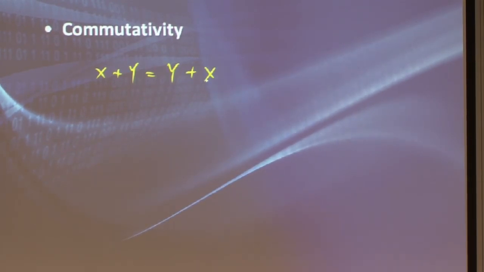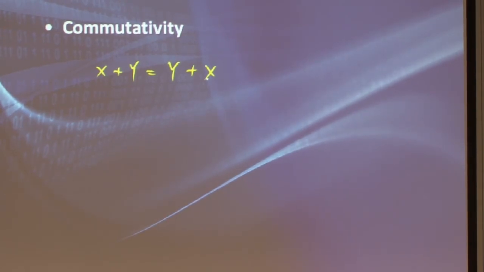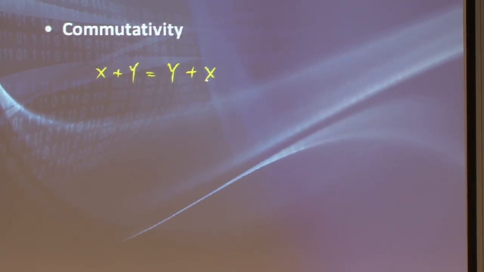What it means is it doesn't matter the order of the operation or of the variables when you OR them together. You can either have x OR y or y OR x, and you'll get the same result. You're thinking it's pretty obvious because this is how it is in math, but it's not always true for all areas of mathematics.